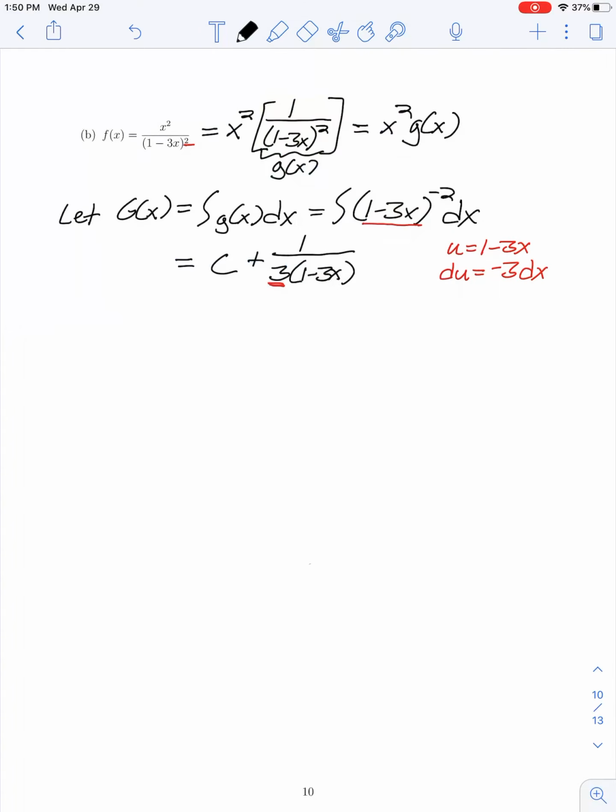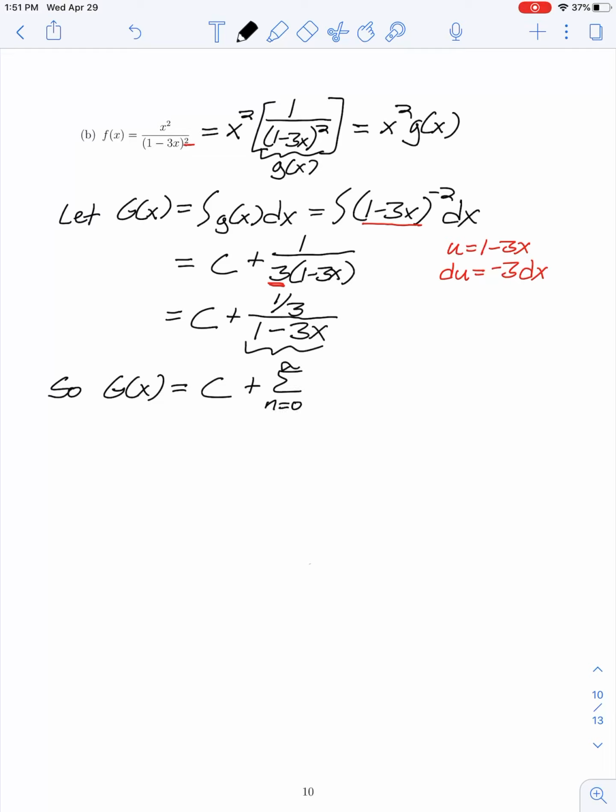So this function can now be expressed as some constant c plus (1/3) over (1 minus 3x). And this function, following my constant of integration, now has the form of the sum of a geometric series. So this capital G of x function, the antiderivative of little g of x, can be written as a constant plus the sum of a geometric series.